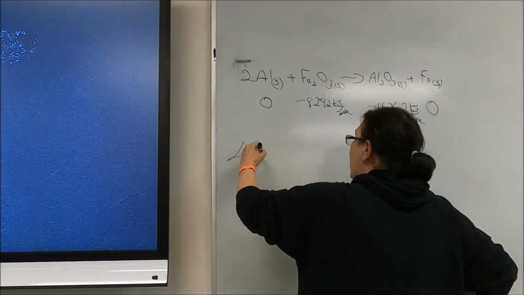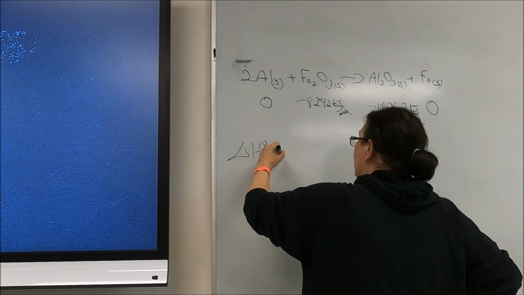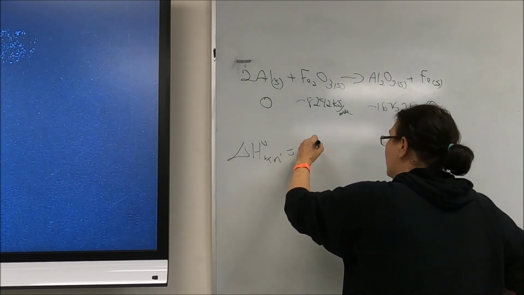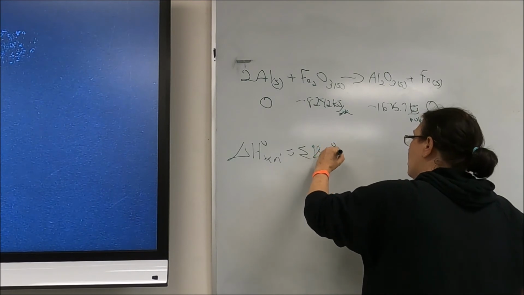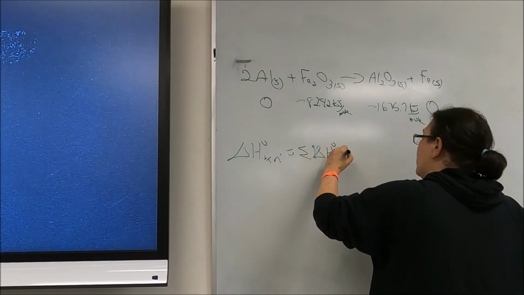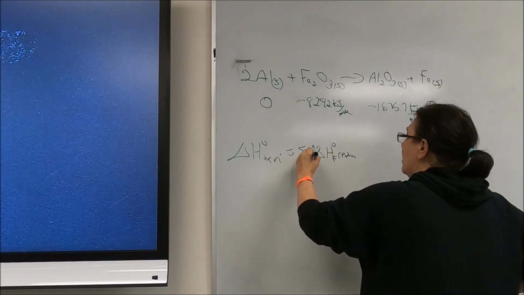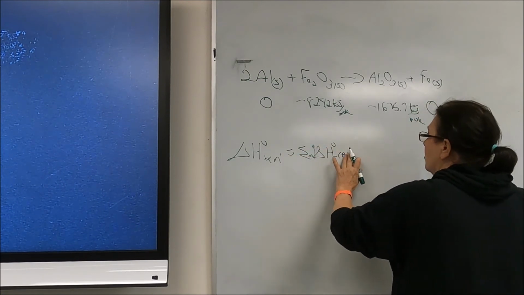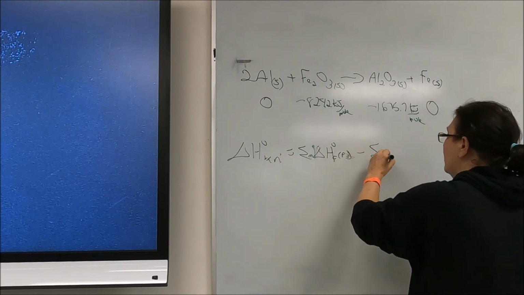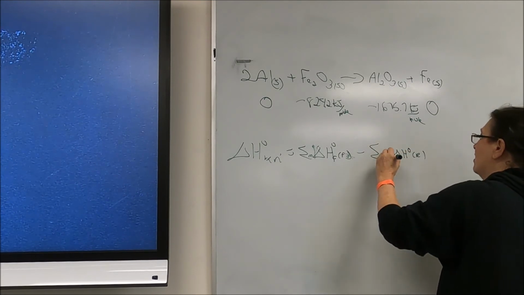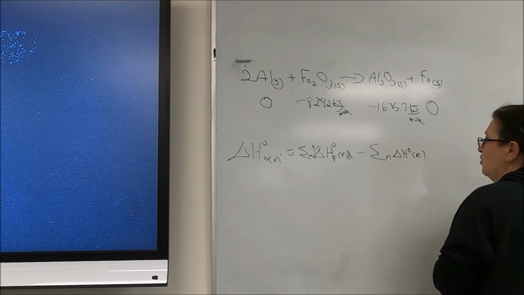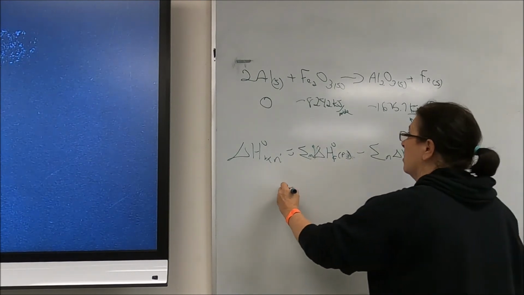Okay, delta H 0 for the reaction is always the sum of the delta H0 of formation for the products times their coefficient in the balanced chemical equation minus the standard heats of formation for the reactants times their coefficient in the balanced chemical equation.